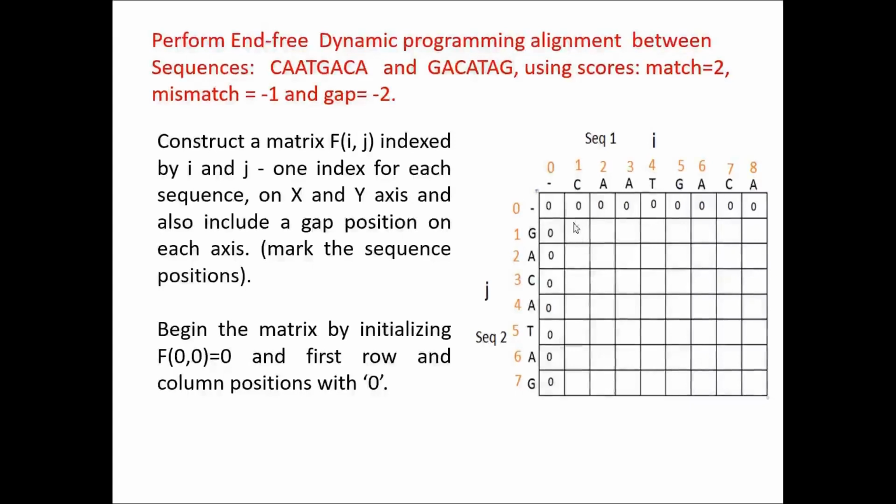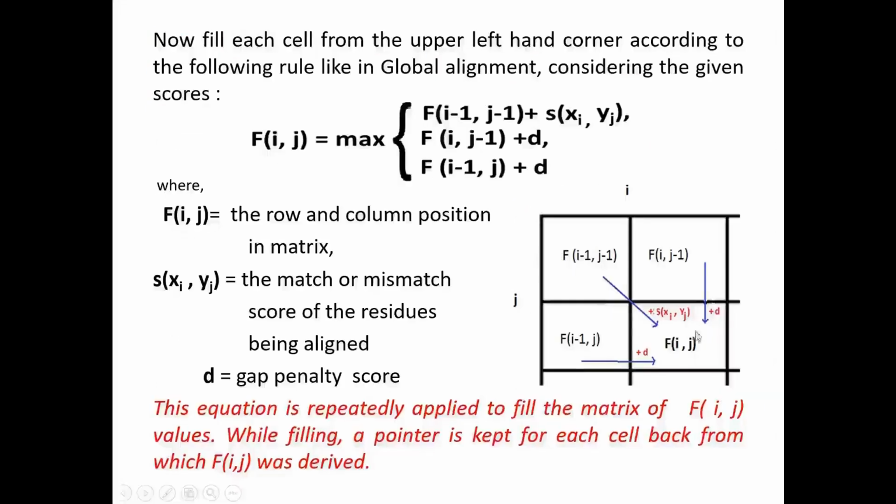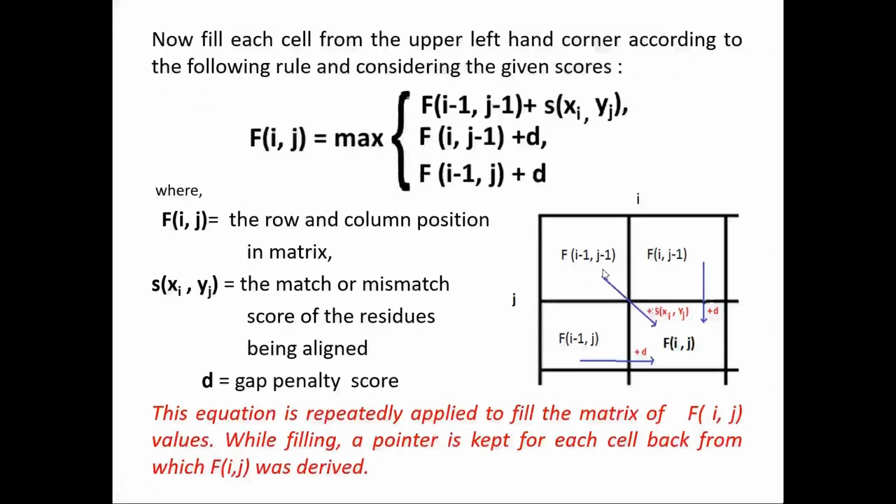Next, the other cells have to be filled using the global alignment formula as shown here. So to fill a box or cell which is indicated by the Fij position, values from nearby three boxes are considered. i-1, j-1 indicates the box which is diagonal to it, j-1 indicates the box which is above it, and i-1 indicates the box which is to the left of it.